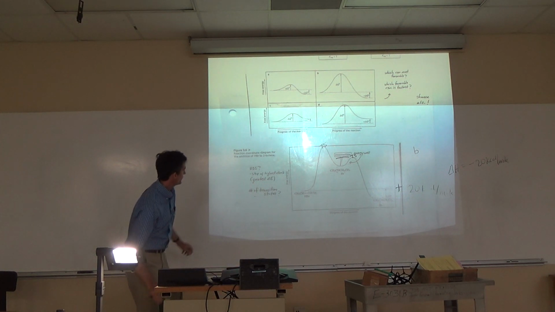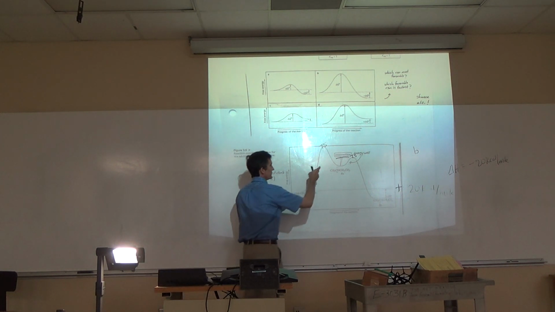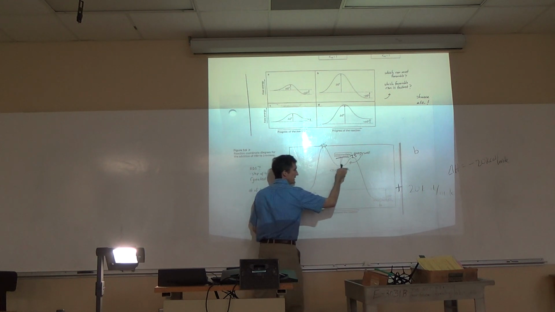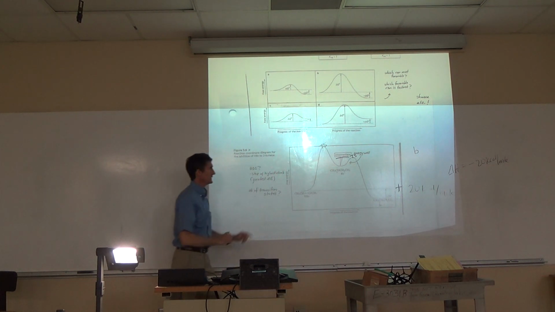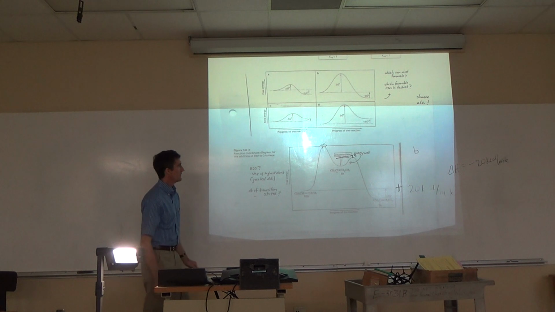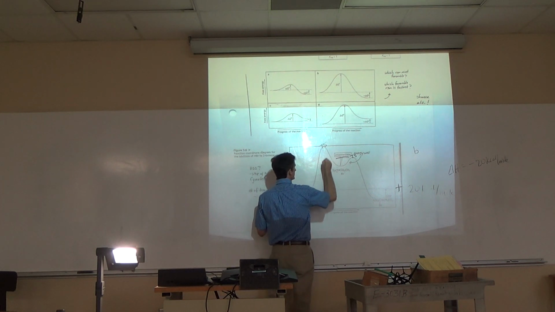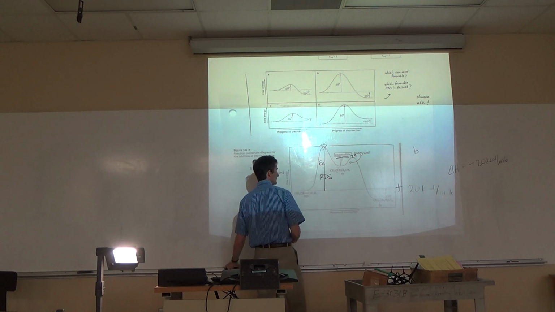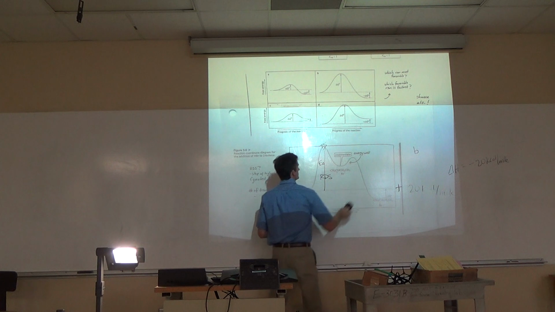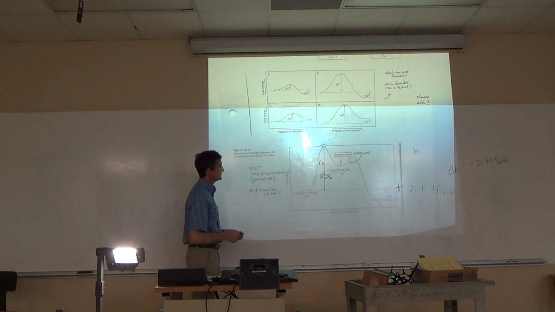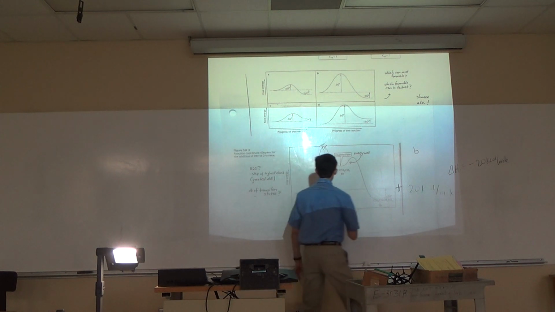Down here, which is the rate determining step? You've got two steps. Forming the intermediate and then the intermediate forming product. Which is the rate determining step? Yes, the one with the highest activation energy. And usually that makes sense.